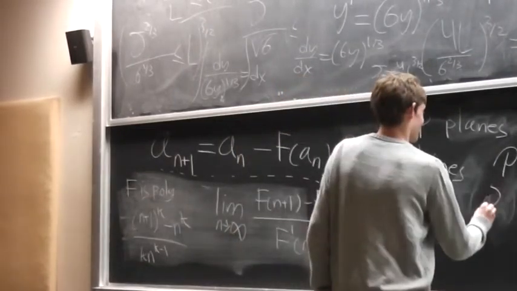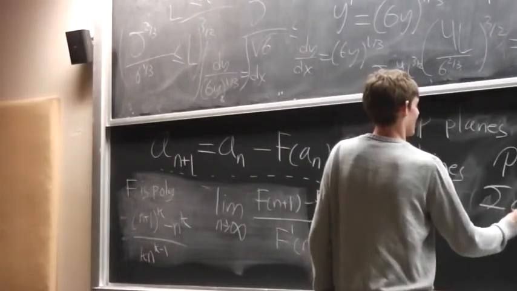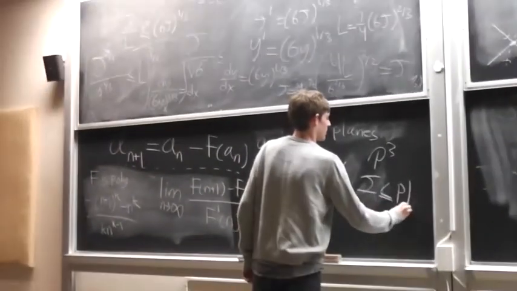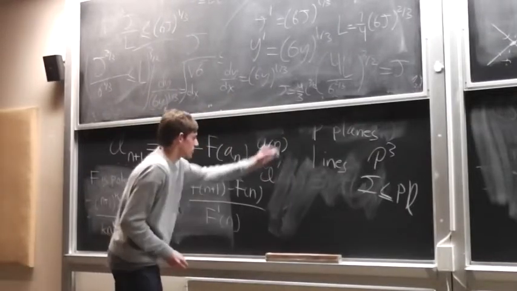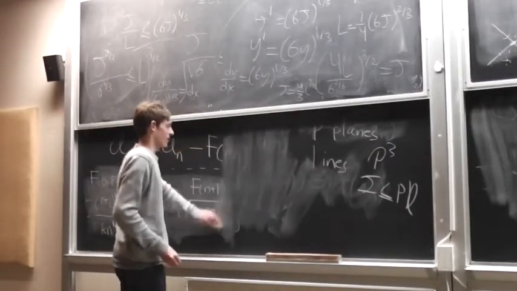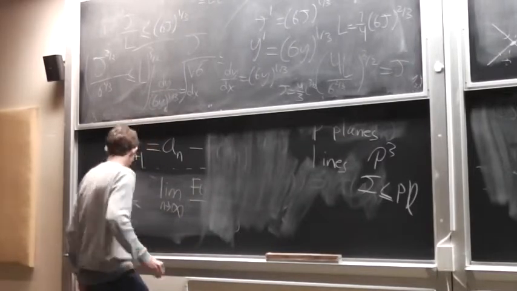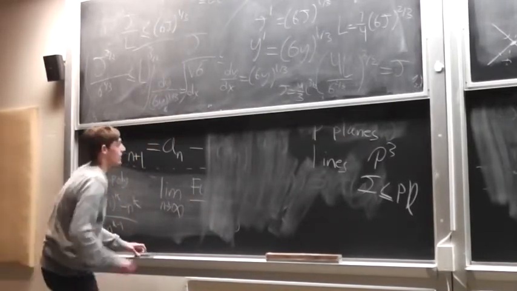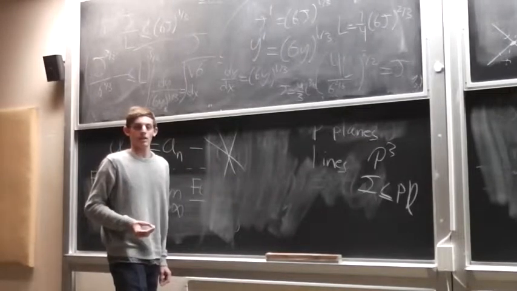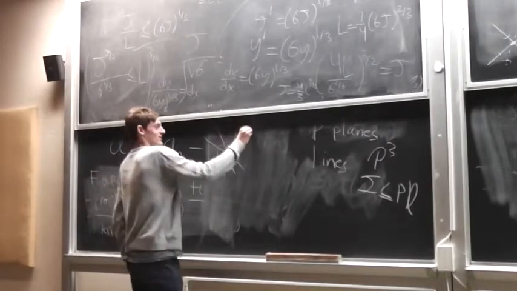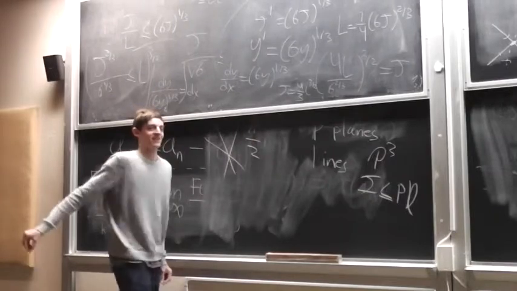Intersections I is less than P times L. Obvious. So we're going to use this to prove something we already proved by obviousness, which was that if we have a bunch of lines here in the plane, then what do we say, n choose 2? Yeah, we're going to prove that. So n choose 2 is n squared over 2, so don't even worry about it.